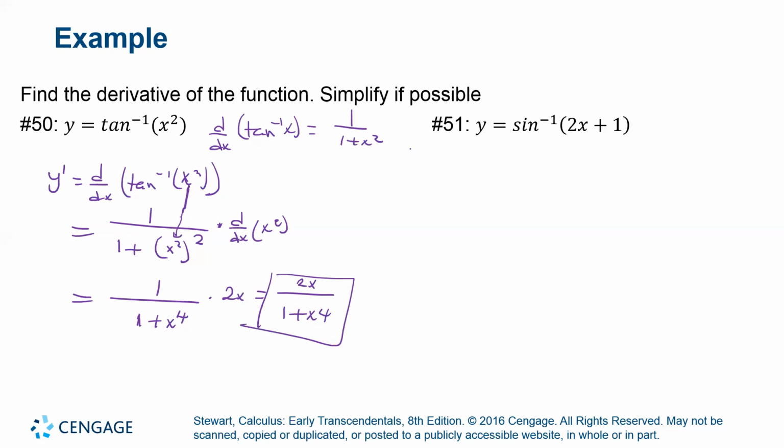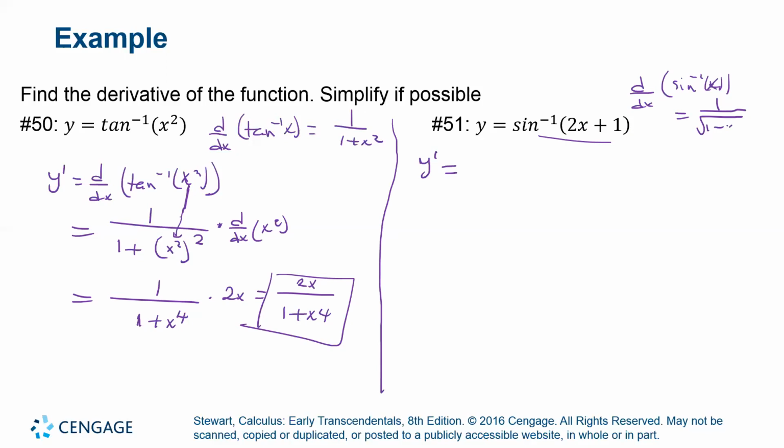Now, let's look at another example with arc sine of 2x plus 1. We use the formula and the chain rule combined. So here, y prime equals, if we differentiate the arc sine, 1 over the square root of 1 minus x squared.